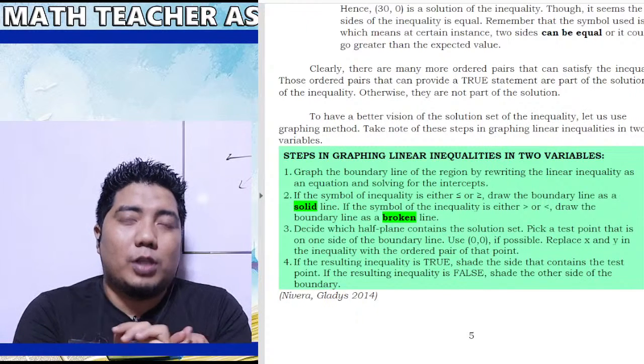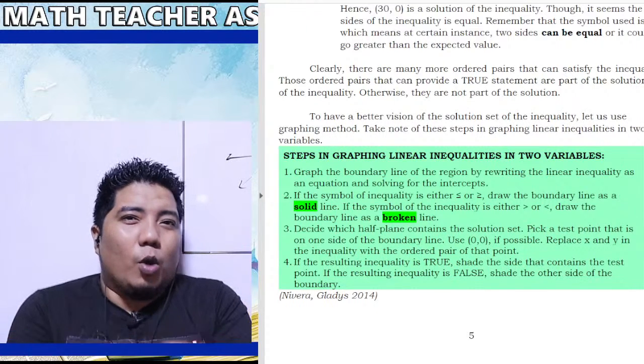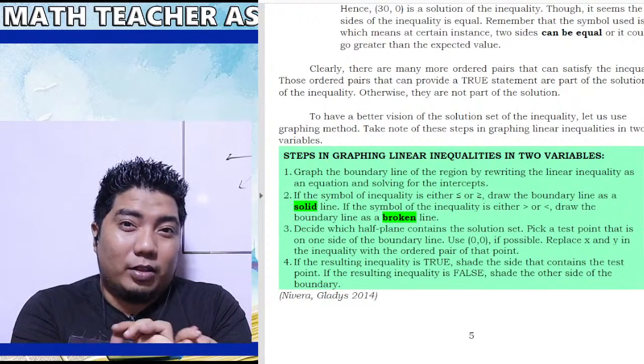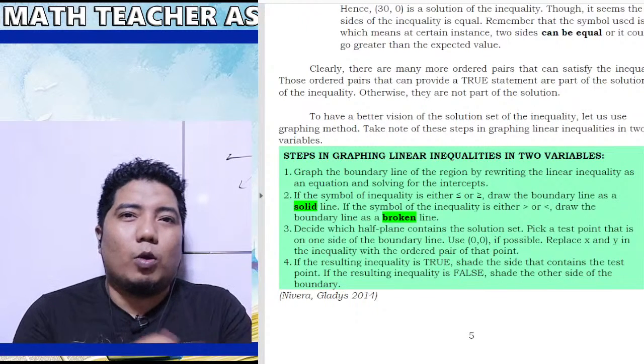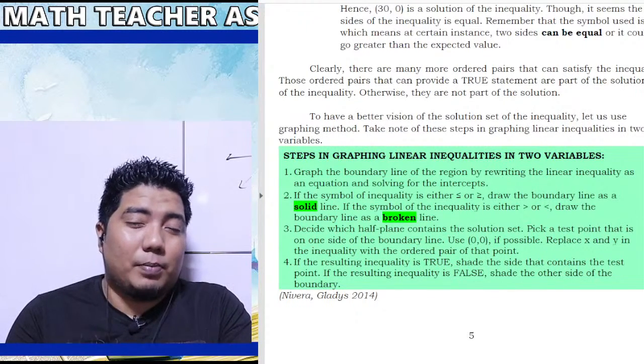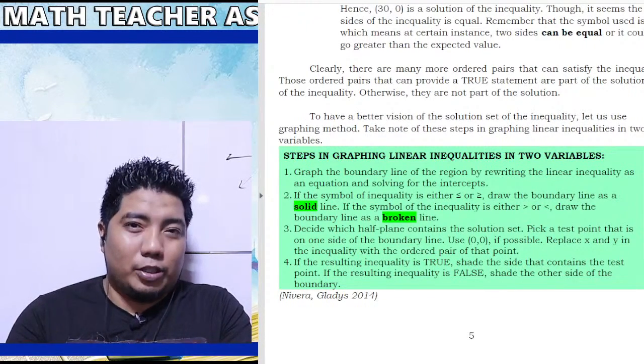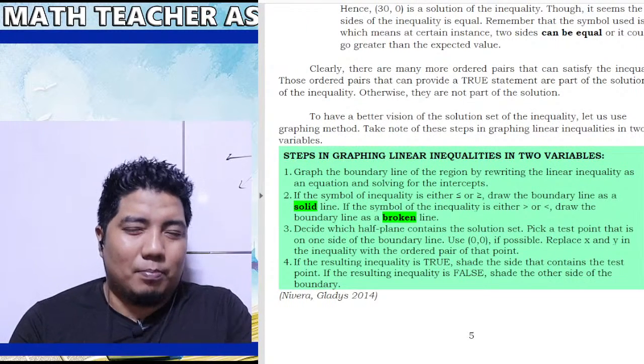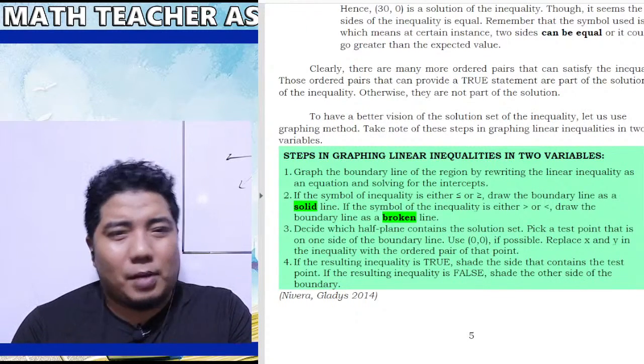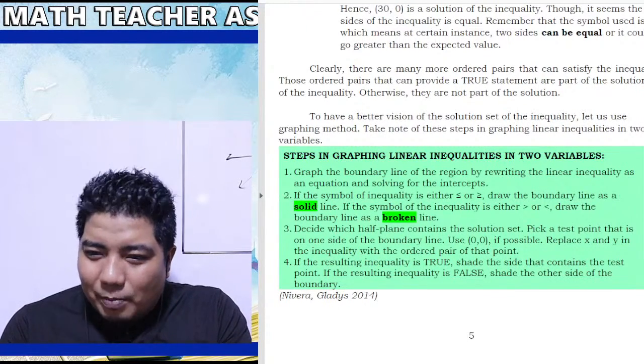We could use the y is equal to mx plus b. We get the slope and the y-intercept. We can also use the x-intercept and the y-intercept, and then you just connect them. And some others.